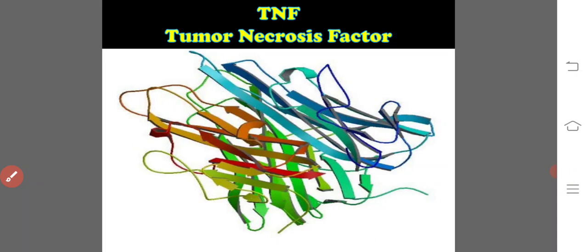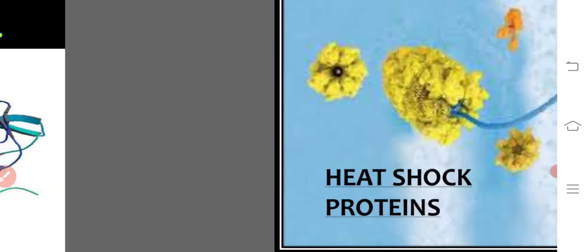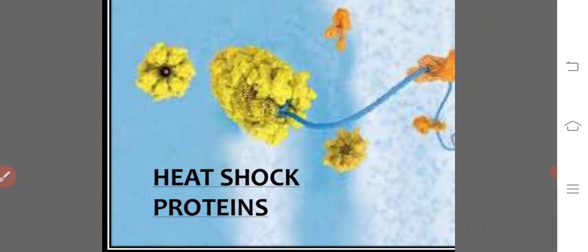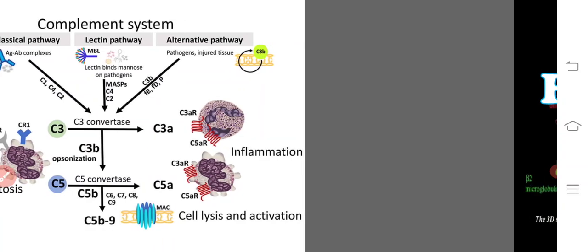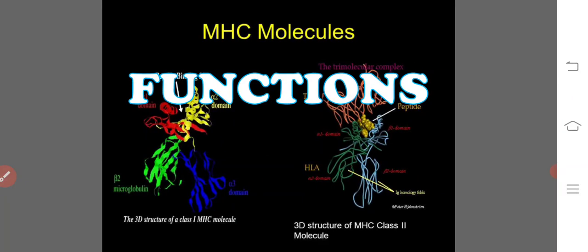And this is the 3D structure of the tumor necrosis factor. And these are all about the heat shock proteins, HSPs. And this is all about the complement system and the complement proteins like C1, C2, C3, C4, C5, C6, like that. So this is all about the MHC class III molecules.